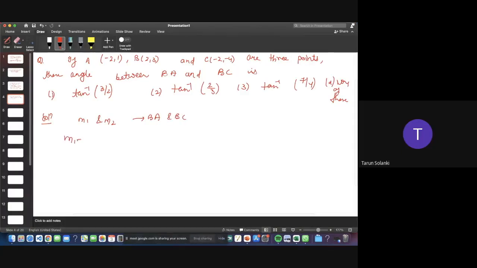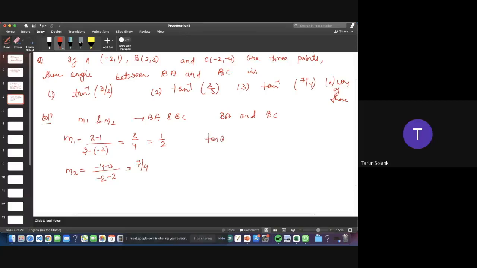m1 = (3 - 1)/(2 - (-2)) = 2/4, which is half. And m2 = (-4 - 3)/(-2 - 2) = 7/4. Let theta be the angle between BA and BC.